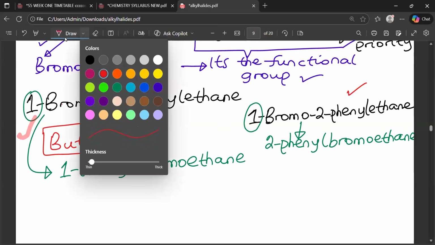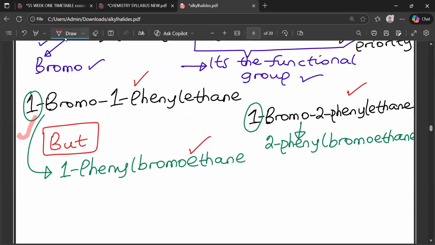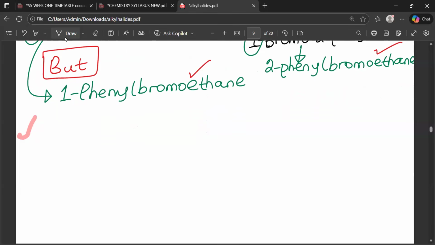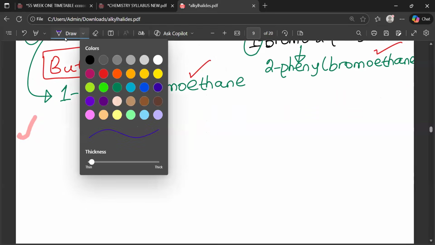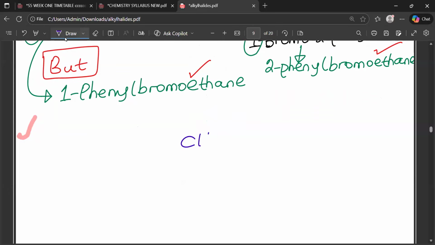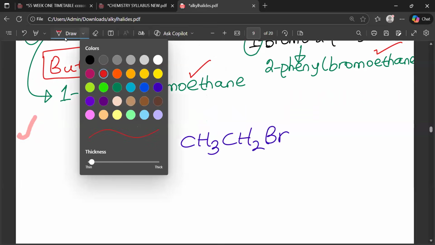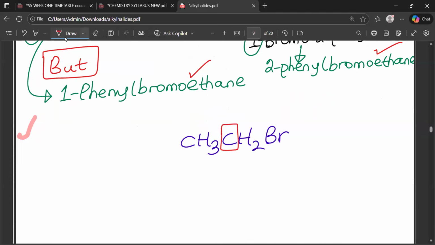What do you say about those names? Are they wrong? The other one, you're using the basics of nomenclature, which are very okay. But for me, I may come up and tell you that bromoethane, we all know it is like this. Because the Br is attached to this last carbon, that means this is carbon number 1.